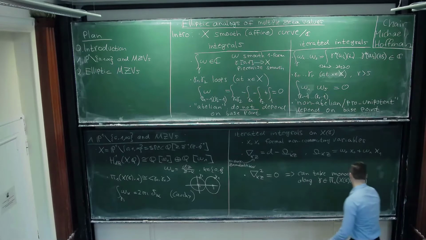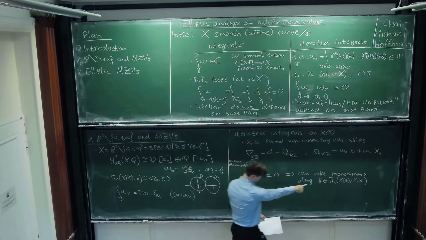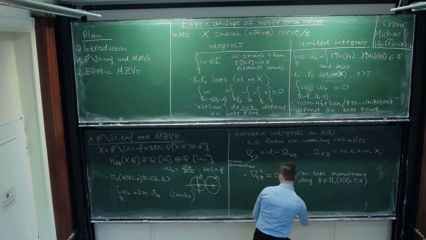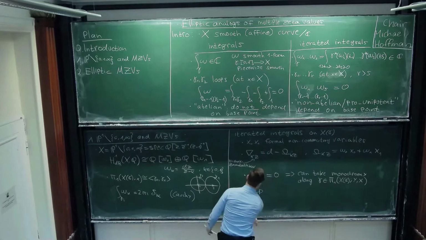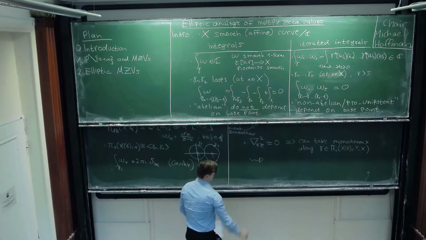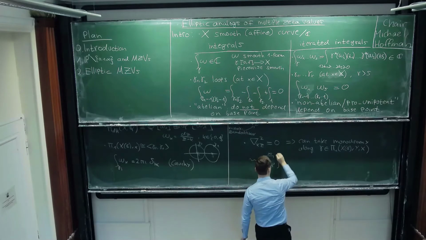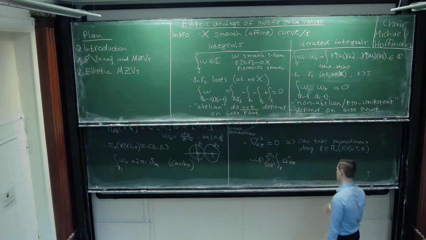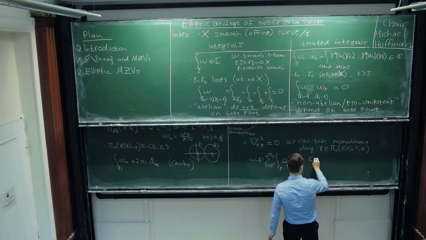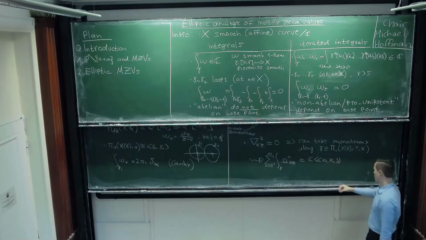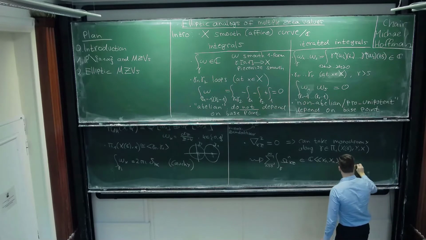You see I'm thinking from right to left, kind of. Concretely, what you do is you take all powers of your connection form and you integrate along the path gamma you're considering, and this is going to give you a formal power series in these non-commuting variables x0 and x1. So this is a formal power series with C coefficients.